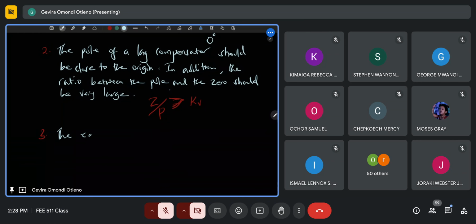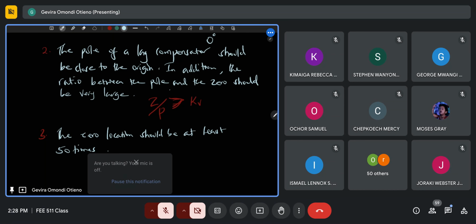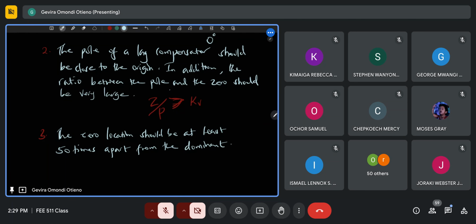Okay, so the 0 location should be at least 50 times apart from the dominant poles. Okay, I'll show you what that means.